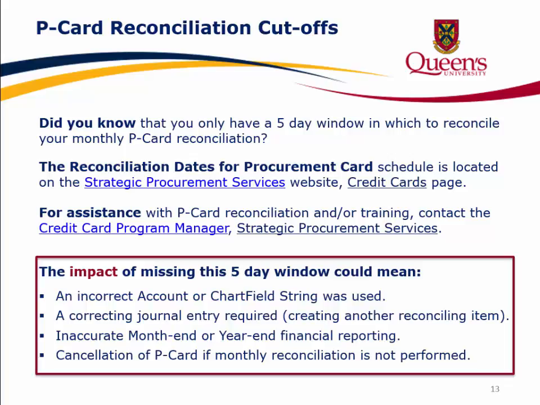The impact of missing this 5-day window could mean an incorrect account or chart field string was used. A correcting journal entry is required, creating another reconciling item, inaccurate month-end or year-end financial reporting, or it may mean the cancellation of your P-card if monthly reconciliation is not performed.